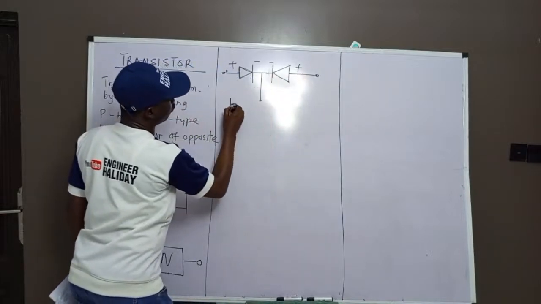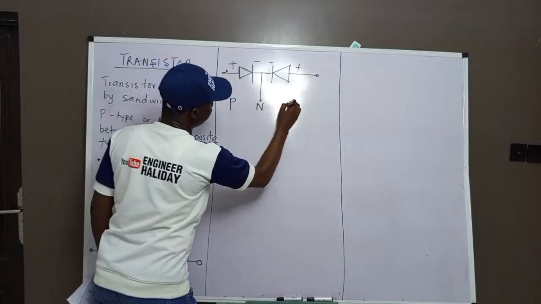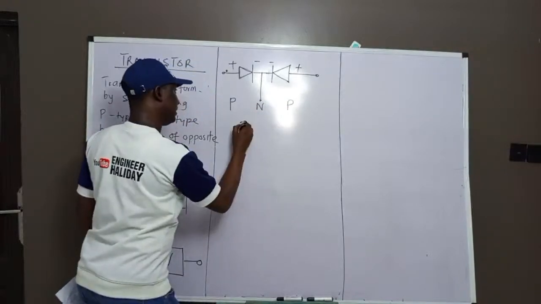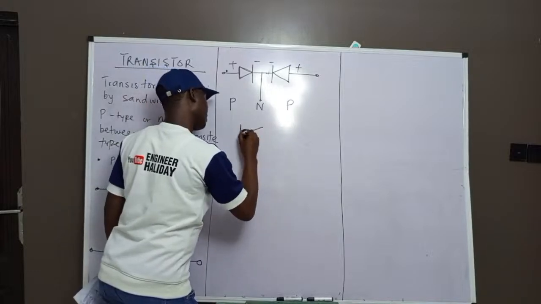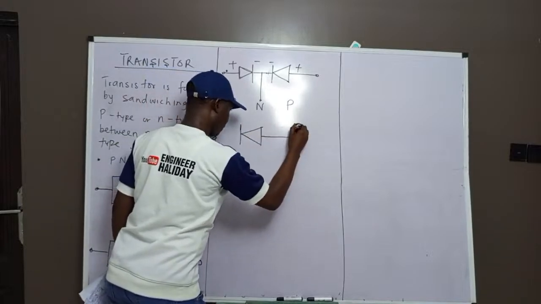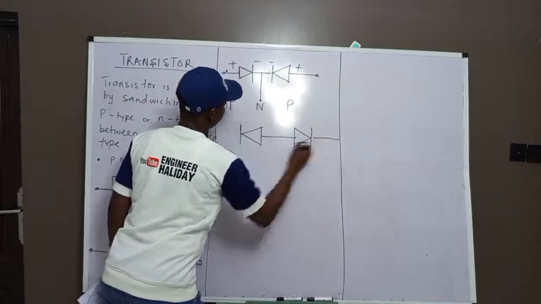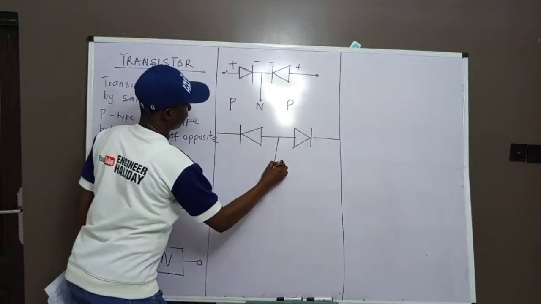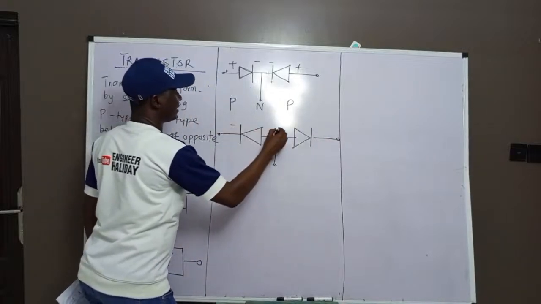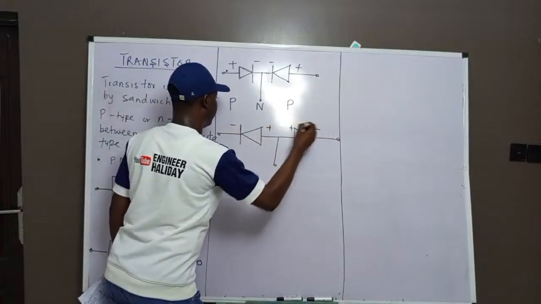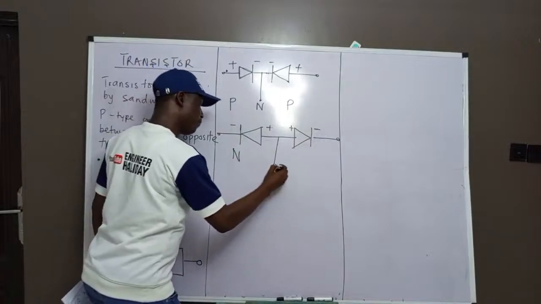So what we are producing here is PNP. But if you have a diode combined like this, what we want to have is negative, positive, positive, and negative. This is NPN.